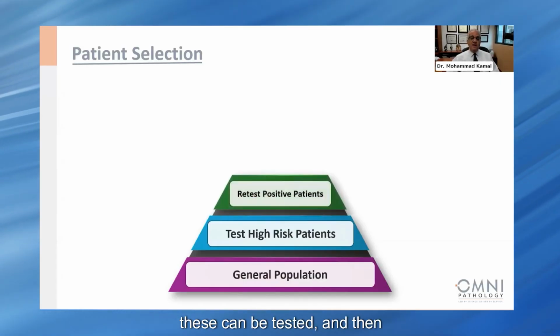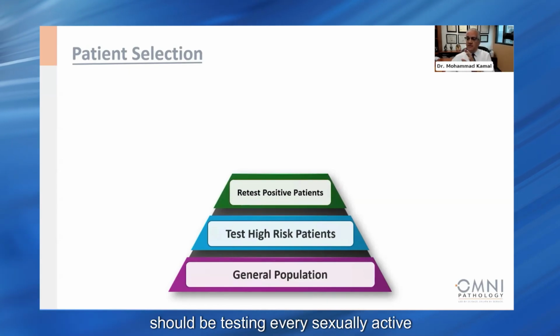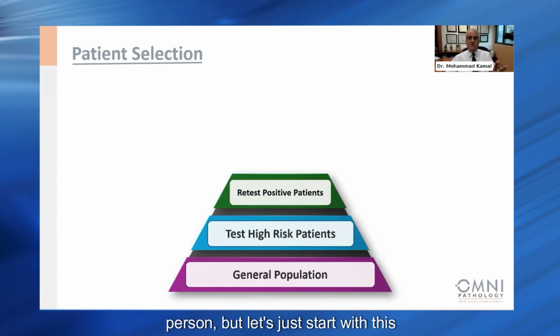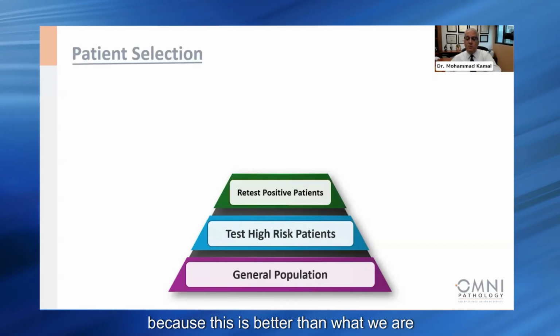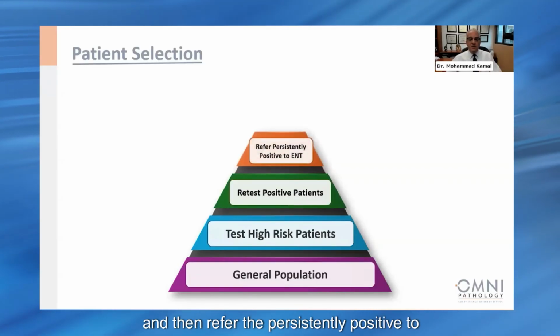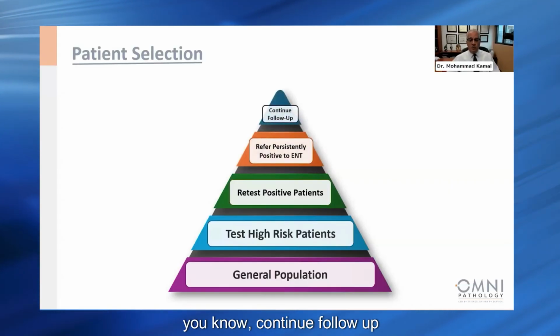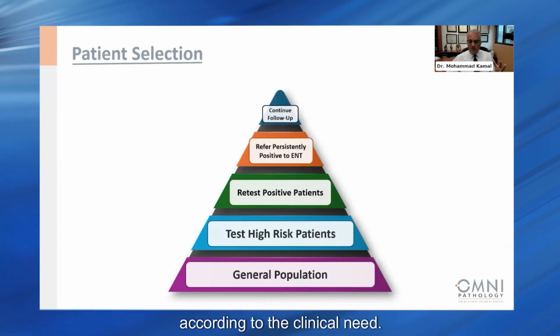These can be tested, and then you retest. I can make an argument that you should be testing every sexually active person, but let's just start with this because this is better than what we are doing today. Retest the positives and then refer the persistently positive to ENT, and then continue follow-up according to the clinical need.